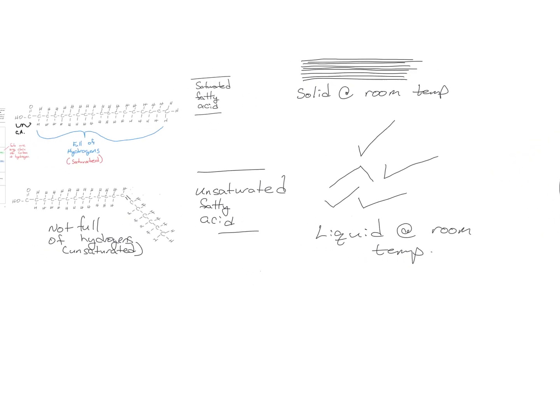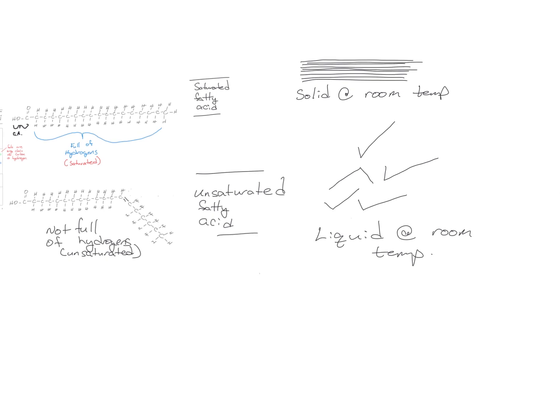So that's why corn oil, olive oil, sunflower seed oil, canola oil has some saturated fats. So that's why it's kind of like coconut oil. You'll see it's almost like animal fat because there's saturated fat in it. But olive oil, corn oil, sunflower seed oil, it's all unsaturated fats.